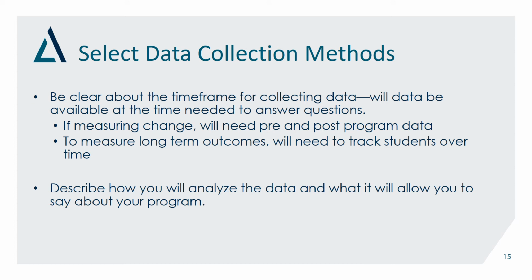As you select data collection methods, it's important to think about how you are analyzing the data and what that will ultimately allow you to say. Early thinking about the possible results of your evaluation can help you fine-tune your proposed methods. For example, if you are using quantitative data, like students' GPAs, will you describe student performance by calculating an average GPA?